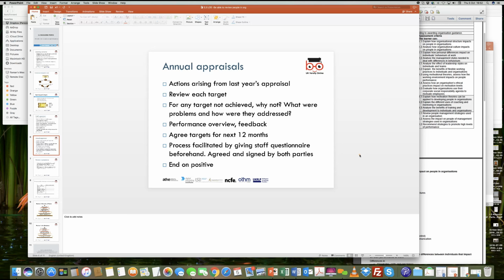So here, what we want to be able to look at is a particular example. Before I go into this, there are other approaches which employers look at when they do appraisals and when they do reviews. And these approaches are all done from an angle of understanding how they will promote improvement within the organization.